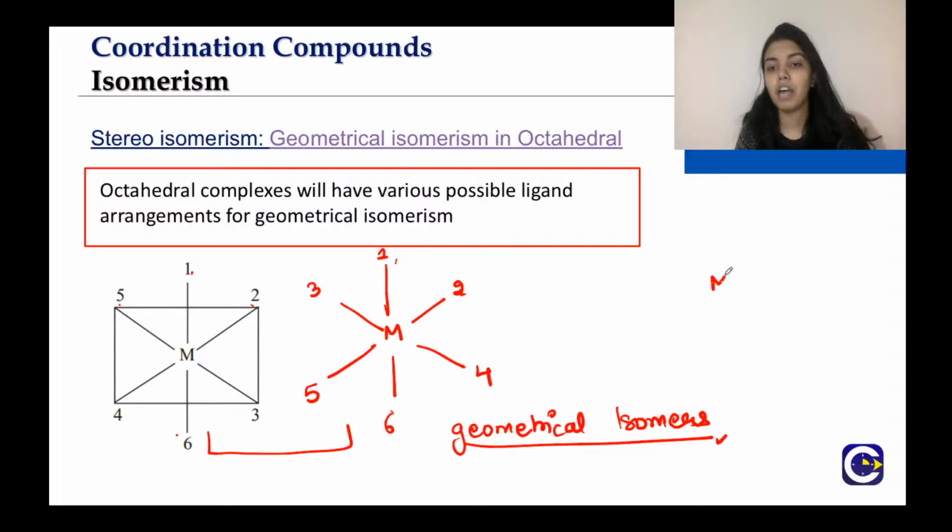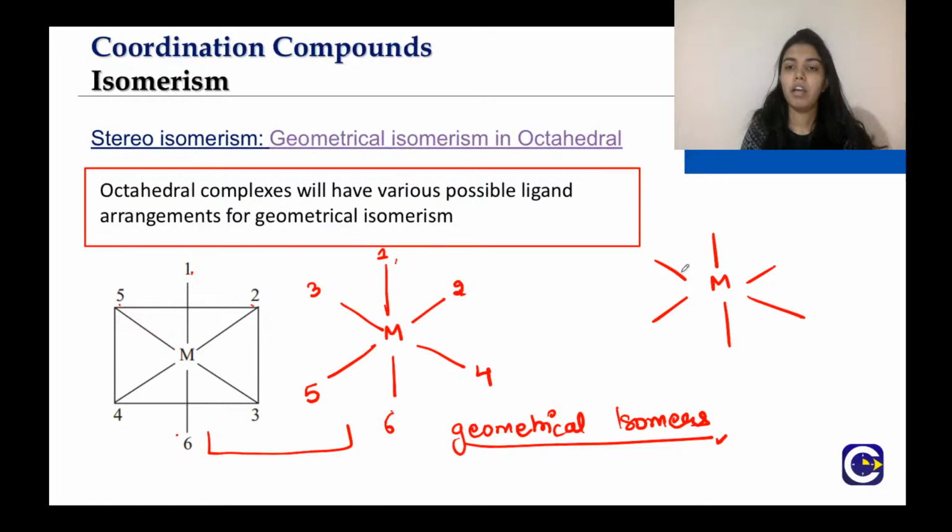Suppose I draw another complex like this, and change the positions. Here I keep 2, here I keep 4, here I keep 3, and here 5, 1, and then 6.